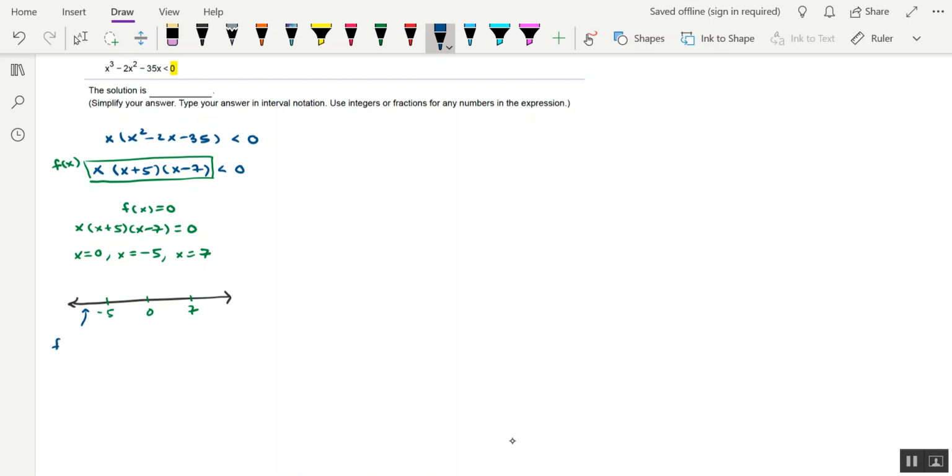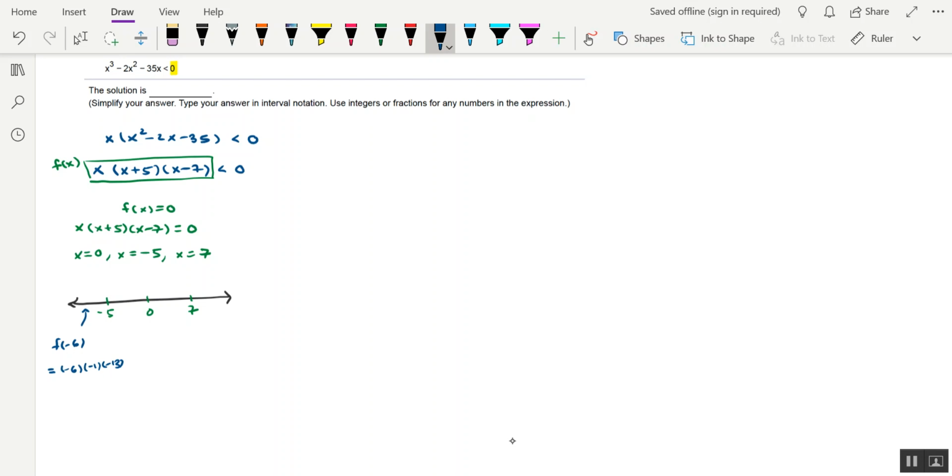If x were negative 6 and I plugged it into the function, using the factored form of it, we'd have negative 6 times negative 1 times negative 13. And that's a product of 3 negative numbers.